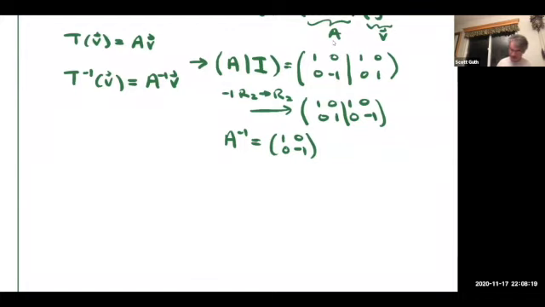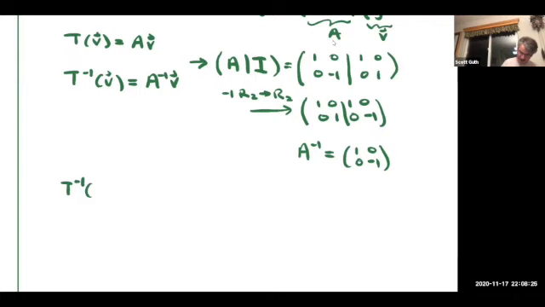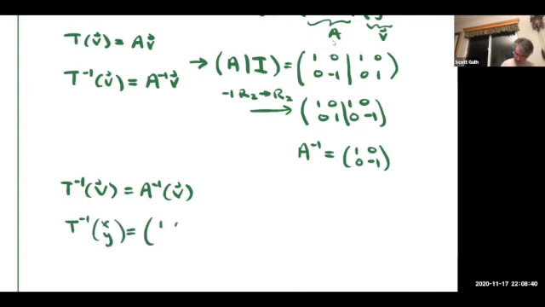Just kind of testing concepts, but computations are a little light. But now you can just say T inverse of V is A inverse of V, or if you like, you could say T inverse of X, Y is going to be 1, 0, 0, negative 1 times XY.